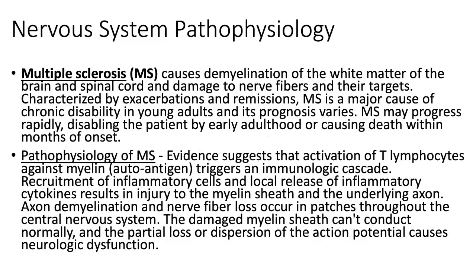Nervous system. Nervous system, memorize the disease and the cause, and for matching. So you know that MS is an autoimmune disease. It causes demyelination of the white matter in the brain and spinal cord.